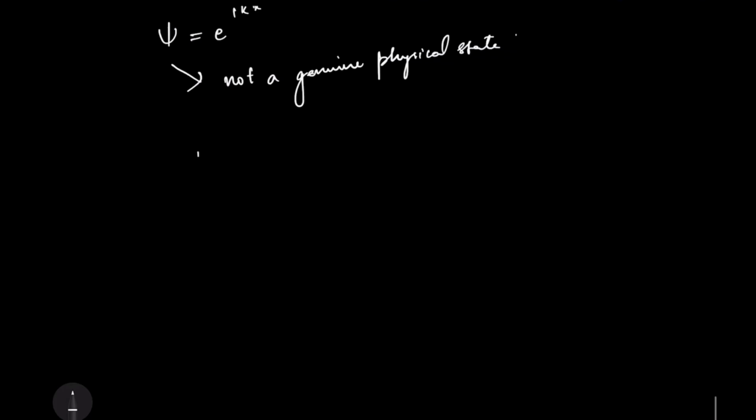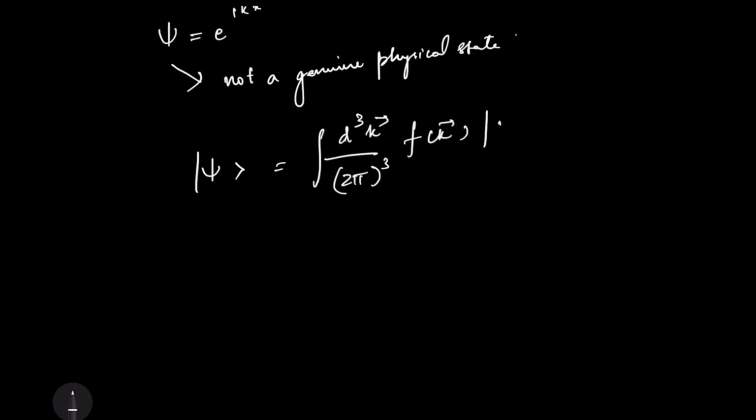Therefore, we can say that the state psi, which is equal to the integral of d cube k by 2 pi cube f of k, is normalizable only for a proper choice of f of k.